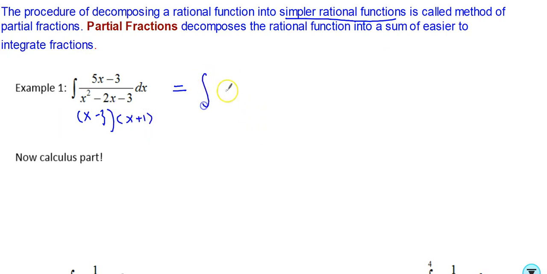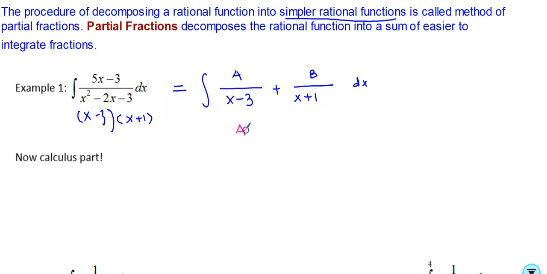You must be able to factor. So that means I'm rewriting: one of the factors is x minus 3 and the other factor is x plus 1, dx. As a placeholder, we write A and B. Our job is to find the values of A and B. So if you recall from pre-calculus, I put the integral sign aside and I combine this fraction.